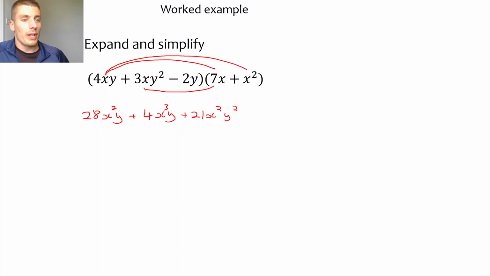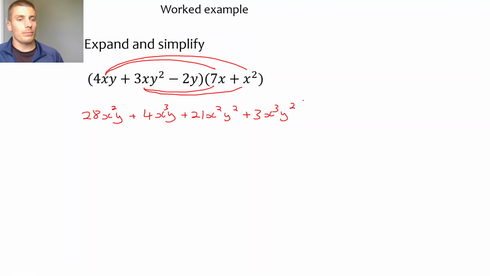We then go on to plus 3xy squared, and we times it by positive x squared. So we've got plus 3 times 1 effectively, which will just be plus 3. You've got x times x squared, which is x cubed, and then you've got y squared times nothing, which is just y squared.